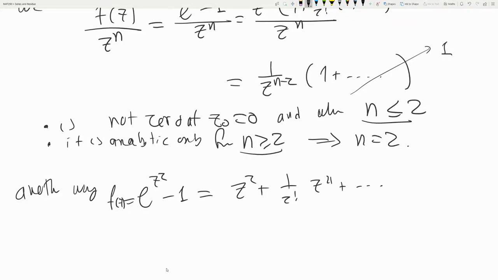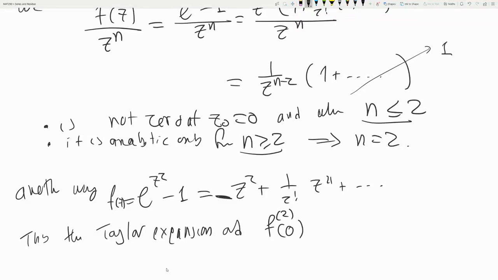This is the Taylor expansion, and the second derivative at 0 is not 0.